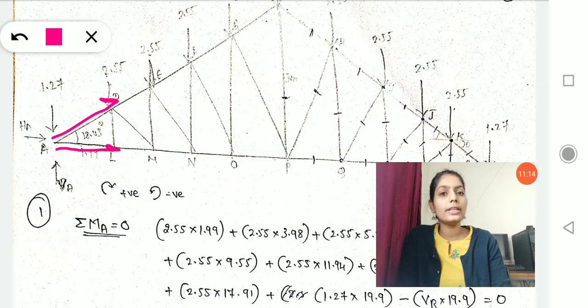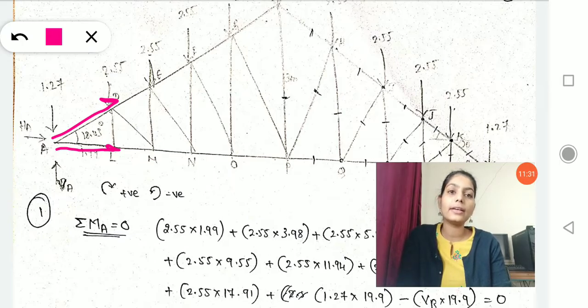If this joint is supposed to be solved and analyzed by joint method, then we should resolve the forces. What does resolving the forces mean? You already understood and learned it from mechanics. Resolving of forces is nothing but resolving our resultant force into 2 directions. Which are the 2 directions?